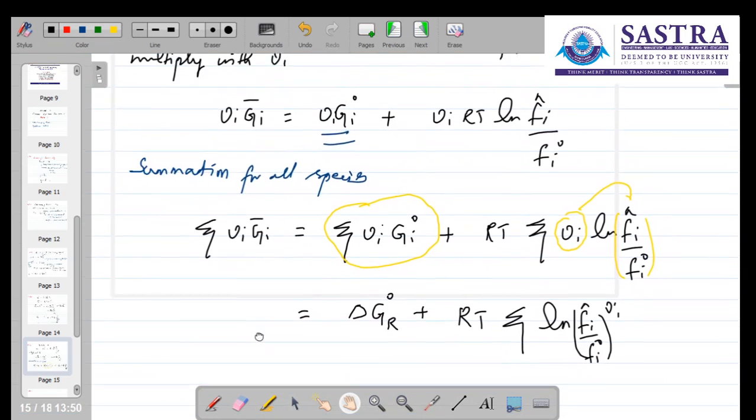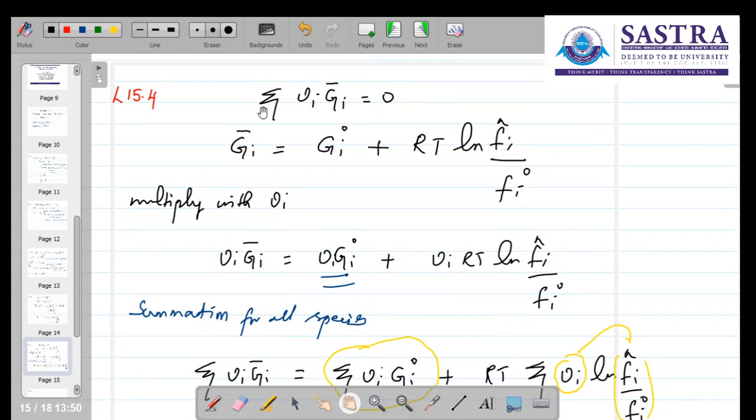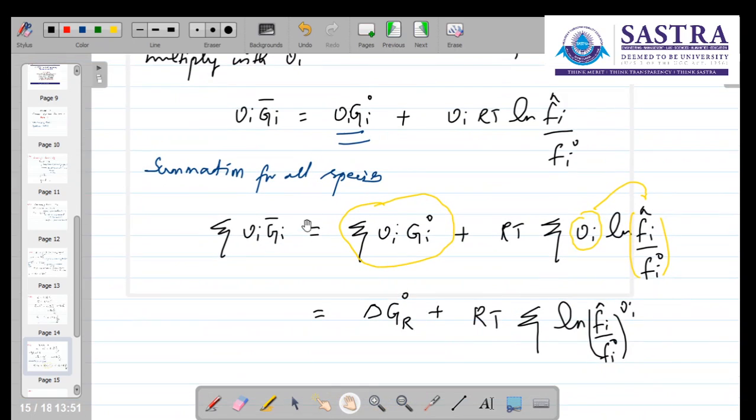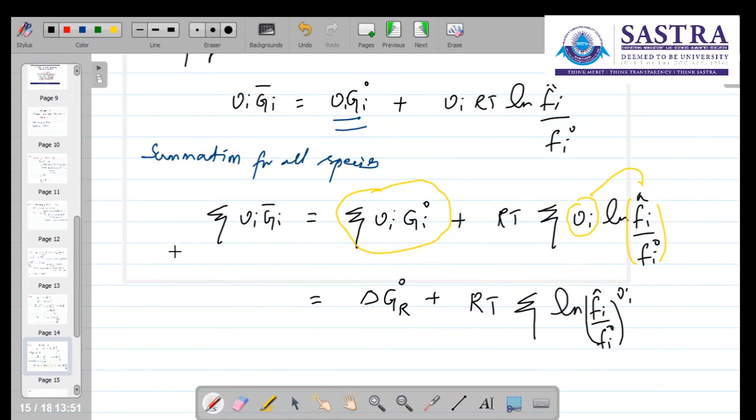Now we know that from the equilibrium criteria for reactive systems, this summation is 0. So this is from the criteria of reaction equilibrium, we have this to be 0.